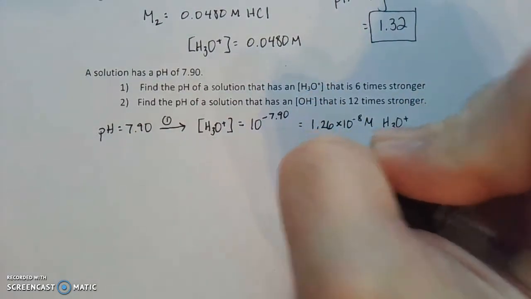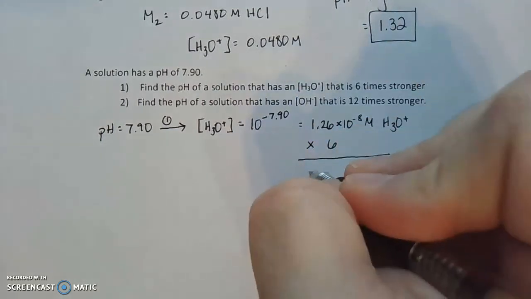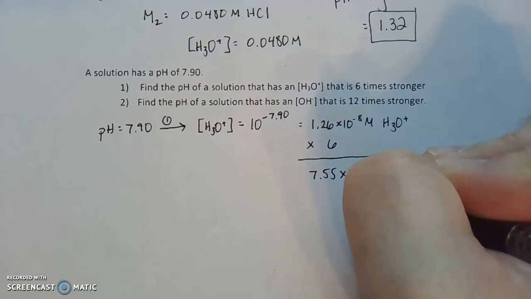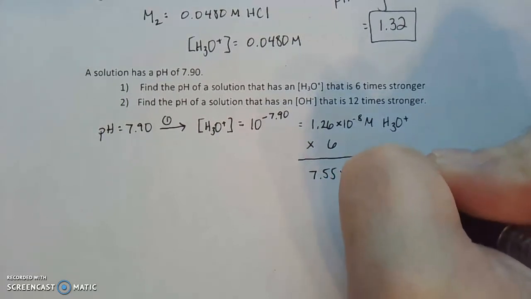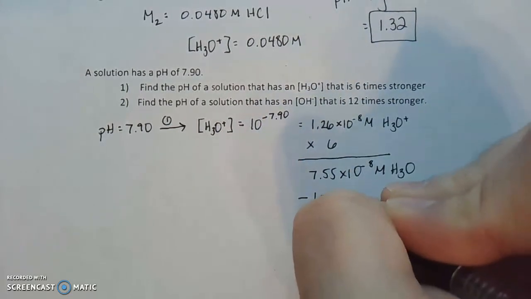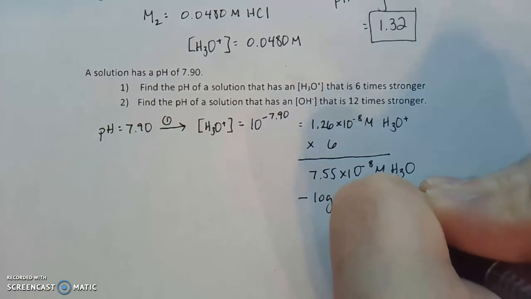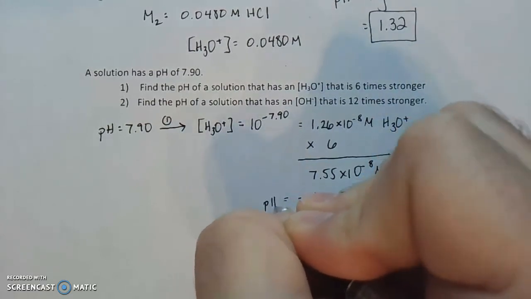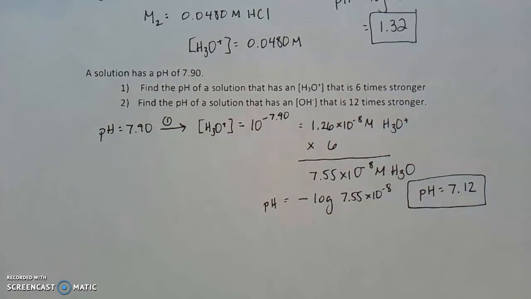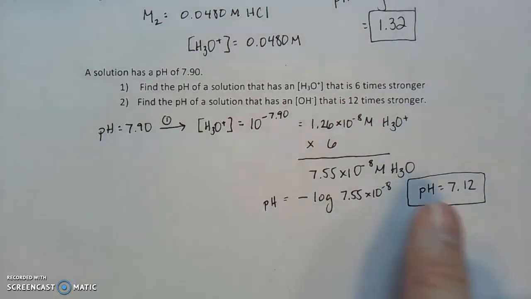All we have to do is multiply that by 6, and that gives me 7.55 times 10 to the negative 8th molar H3O plus, and then take the negative log of that, because that would equal our pH. And we get a pH equal to 7.12. So it really didn't go down all that much.